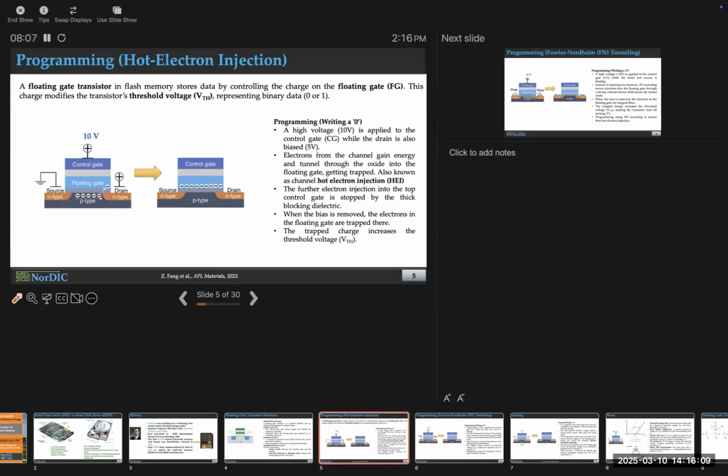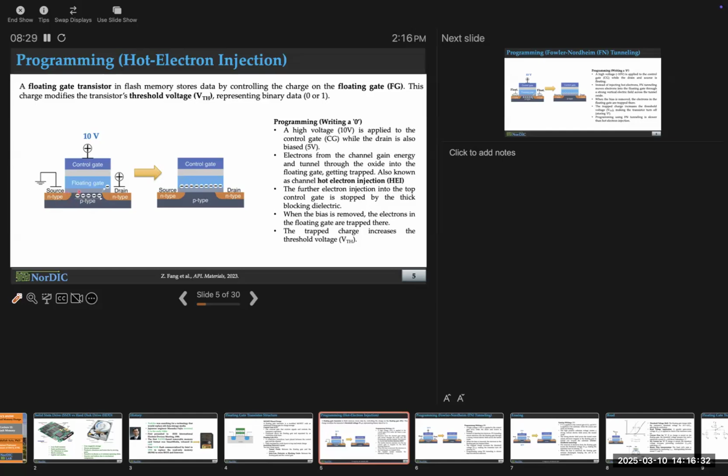The only difference here is, okay, what if you somehow supercharge the gate, like apply 10 volt, positive 10 volt, like really, really high voltage. Remember, there are two electric fields acting on the electrons. The electric field between drain and source that's pushing them laterally, and there is an electric field vertically from the gate.